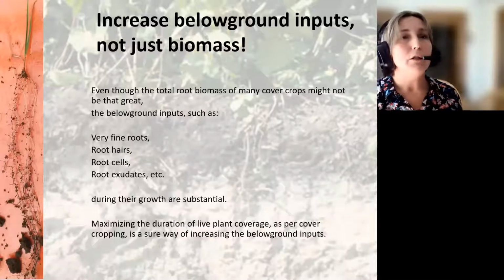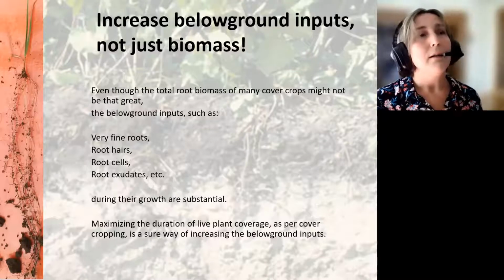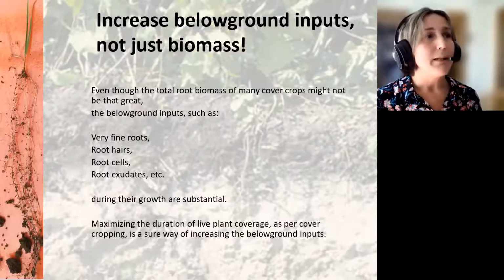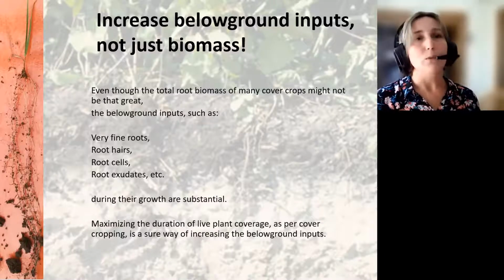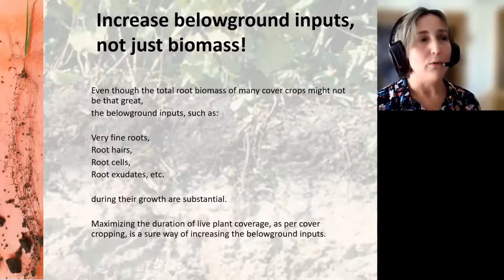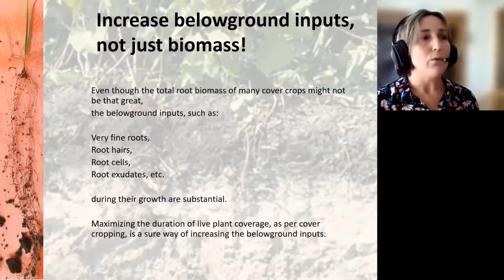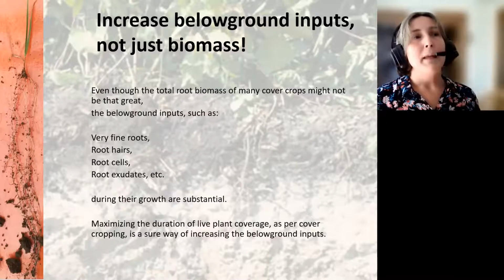Other things we need to think about might be even more important than the sheer root biomass. And those would be those small, fine things that we are not really observing with our naked eyes. Very fine roots, root hairs, those root cells as part of rhizodeposits, root exudates.